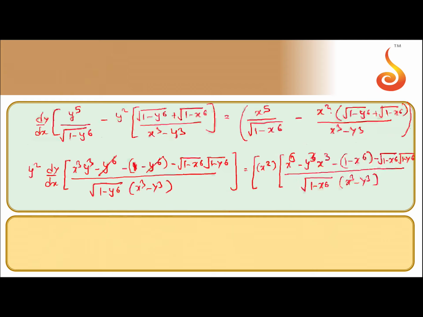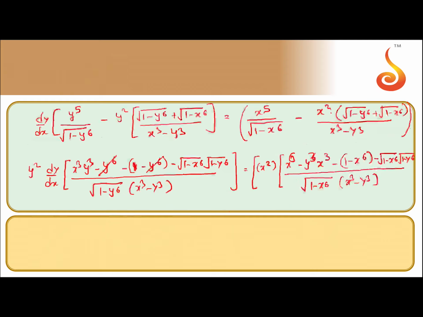So y to the power 6 will be left over, minus x to the power 6, and here minus x to the power 6 will come. Okay, so here it will be x cube y cube minus y to the power 6, and this will be minus 1, minus, plus will come. Minus 1 is there, here also minus 1 is there.